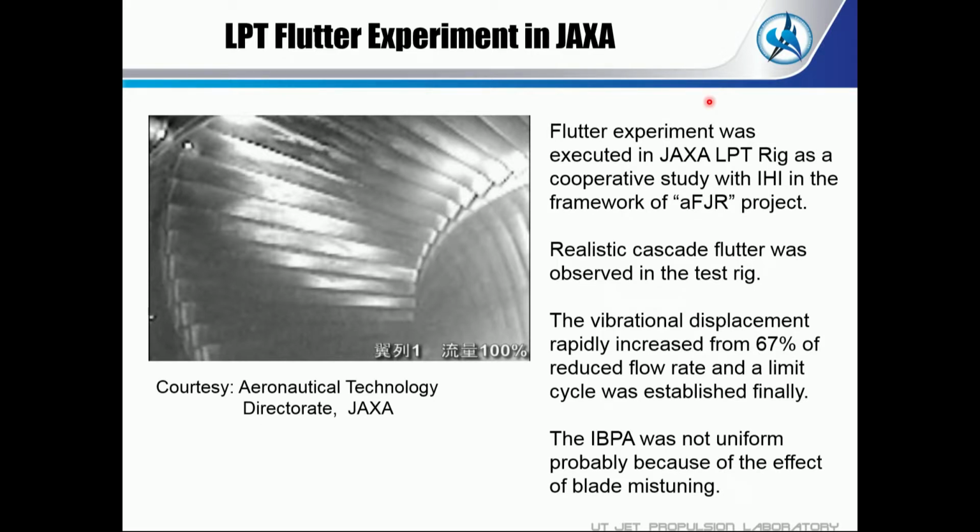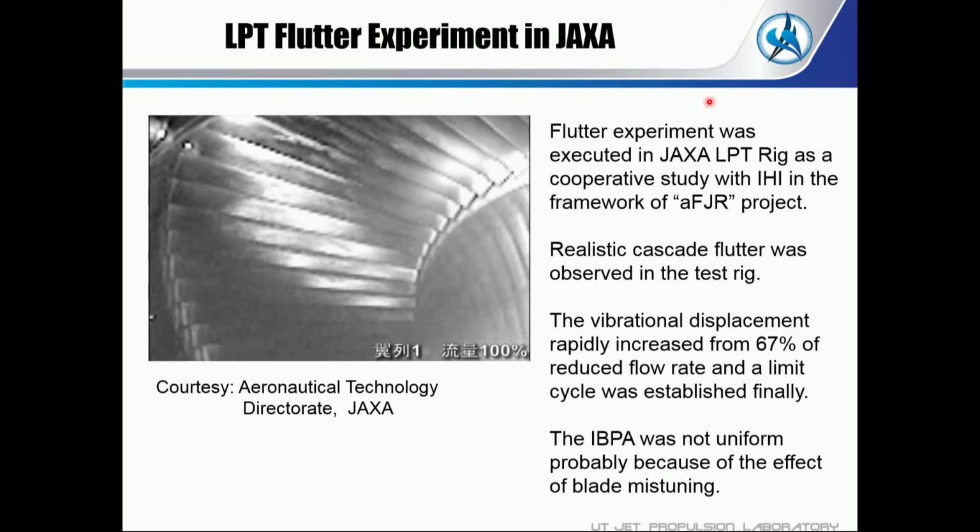They made two kinds of low pressure turbine. One is based on their design, the LPT flutter cascade, and the other one is a flutter-free cascade. And they tested them in the same wind tunnel.